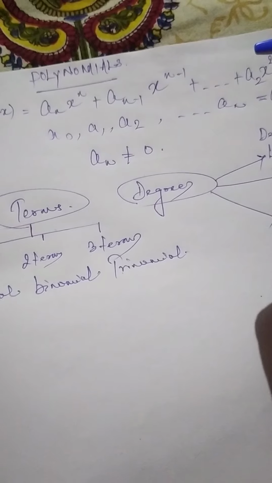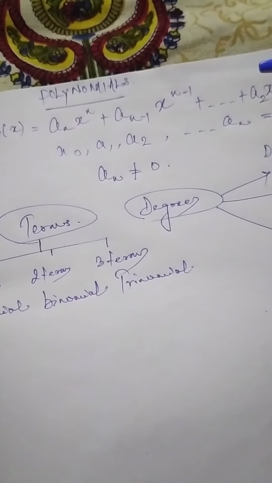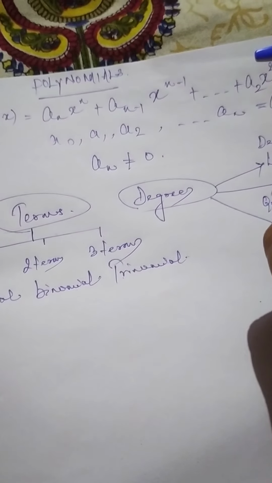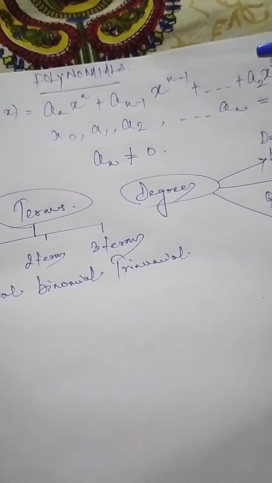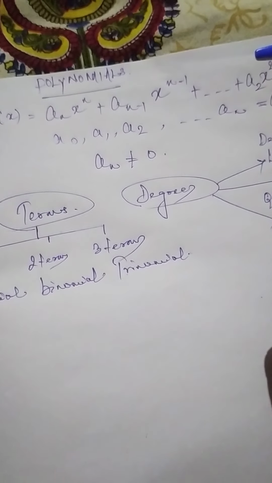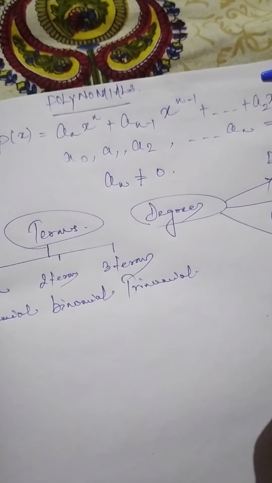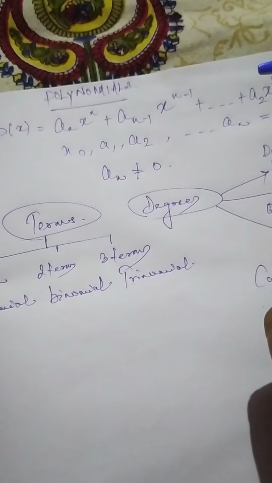If the degree is 2, then we can say it is a quadratic polynomial. If the degree is 3, then we can say it is a cubic polynomial.